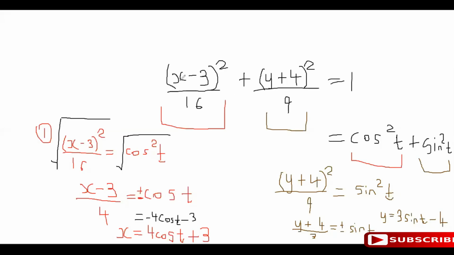So what you did was equate (x minus 3) all squared over 16 to sine squared, and you equate (y plus 4) all squared over 9 to cos squared. So that's how you equated it.